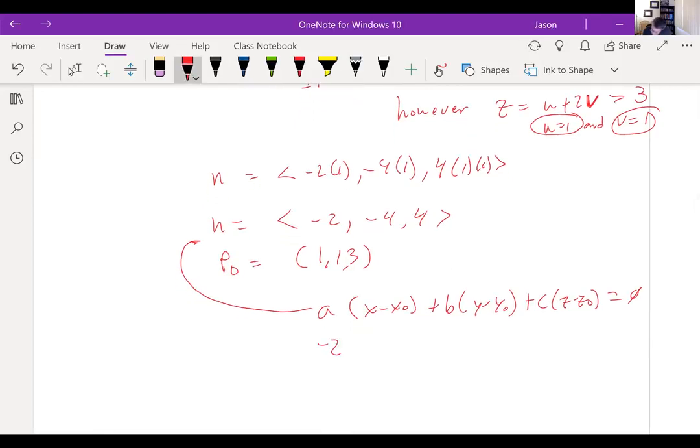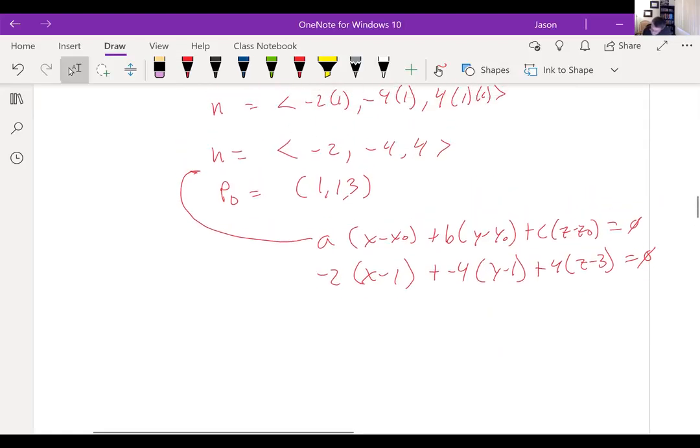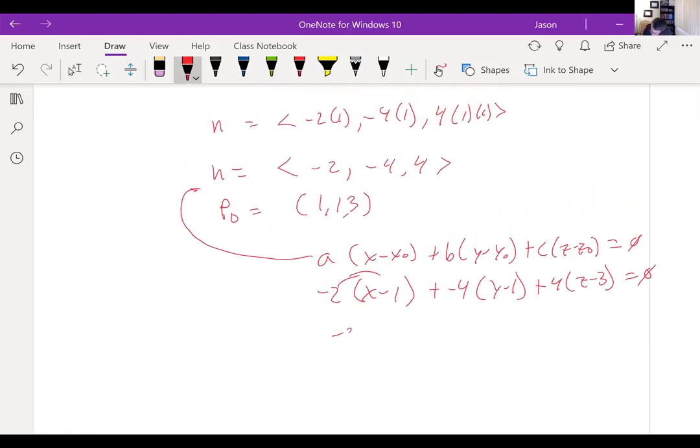So this is negative 2 times (x minus 1) plus negative 4 times (y minus 1) plus 4 times (z minus 3) is equal to 0. Okay, distribute. I get negative 2x plus 2, negative 4y plus 4, and 4z minus 12 is equal to 0.